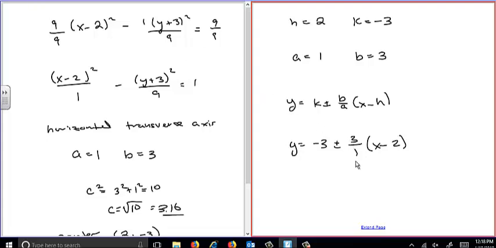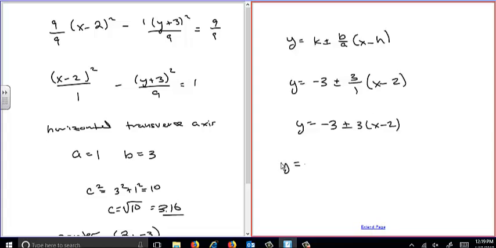Well, it's b over a, sorry. So b is 3, a is 1. So that is correct. x minus h, h is 2. Okay, so let's just clean this up a little bit. So you get y is equal to -3 plus or minus 3 times x minus 2. So there are two lines. We have y is equal to -3 plus 3 times x minus 2, and we have y is equal to -3 minus 3 times x minus 2.